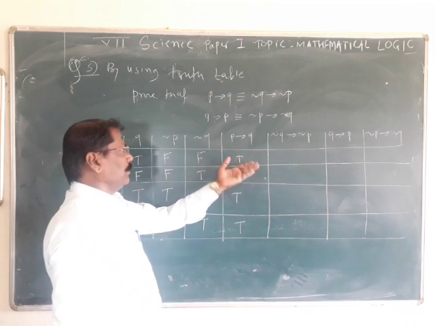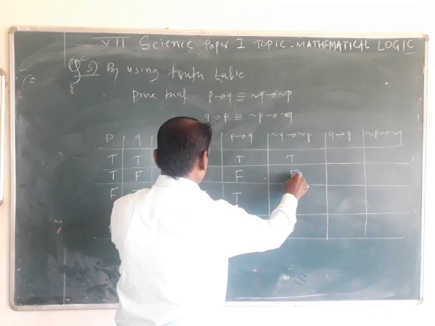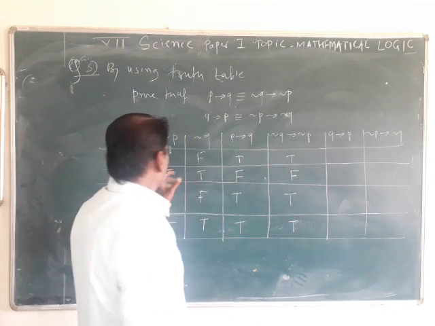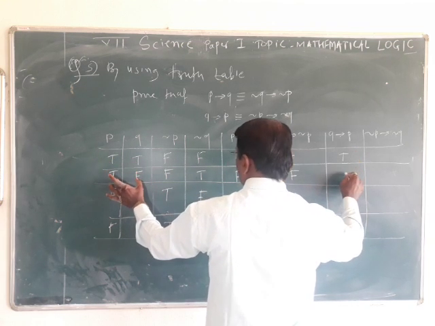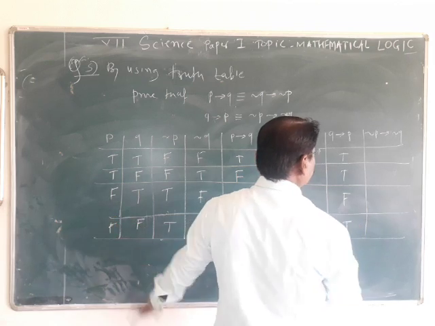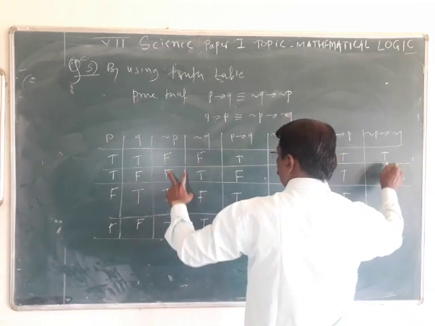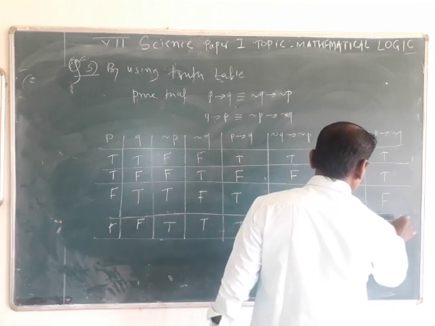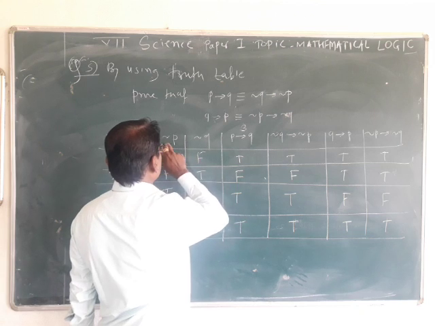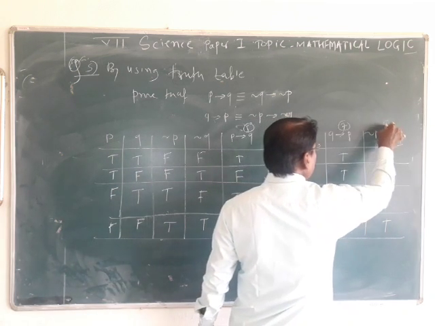Negation means same definition: FF is T, FT is T, F is F, and this is T. Q implies P is T, T, F and T. Negation P implies negation Q is T, T, F and T. So therefore, column number 5, 6, 7 and 8.